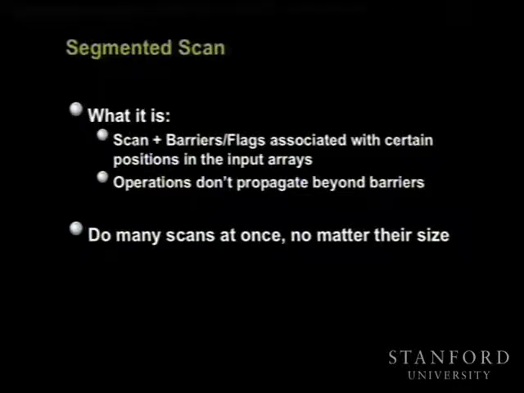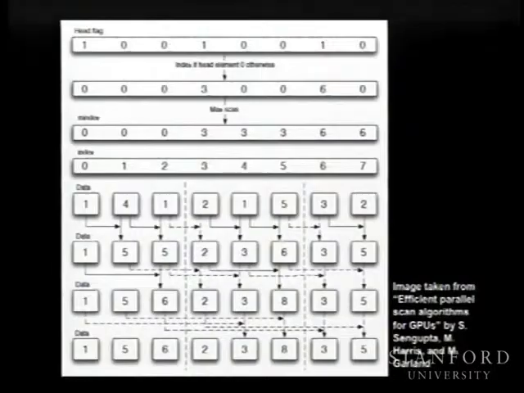That means you can operate on all of your data at the same time with one kernel call, instead of having to read out all of your little regions and launching a kernel each time and doing a scan or whatever it is you have to do on them. And it works by augmenting the normal scan with a secondary array which has flags or barriers in it.